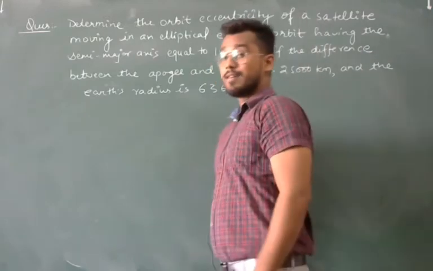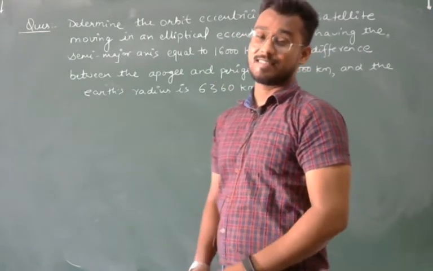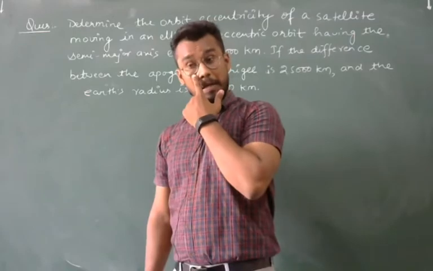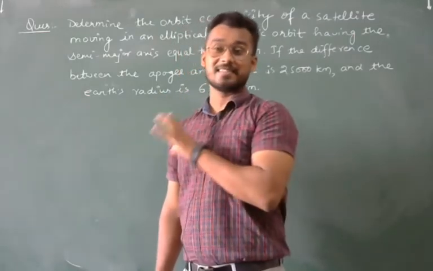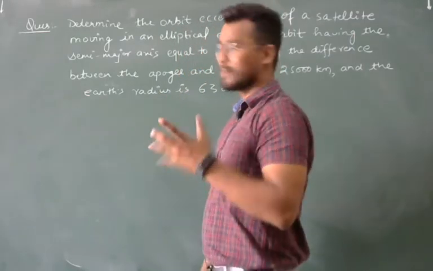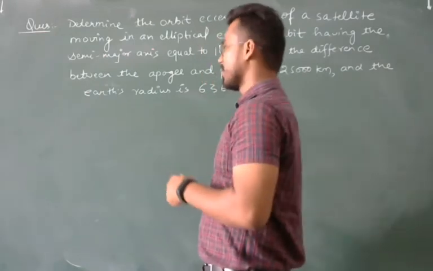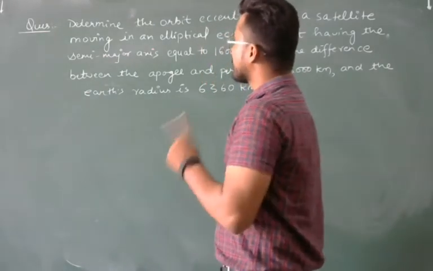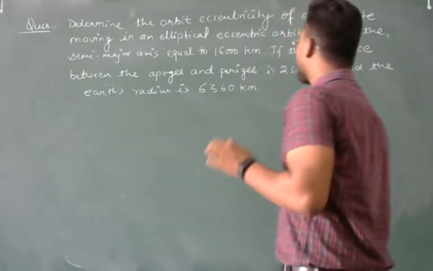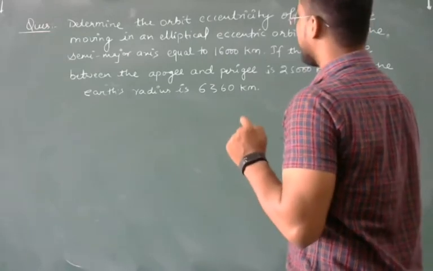That again is the same type of case, where determination is asked first. No problem, we will solve it. It is being asked, determine the orbit eccentricity of a satellite.